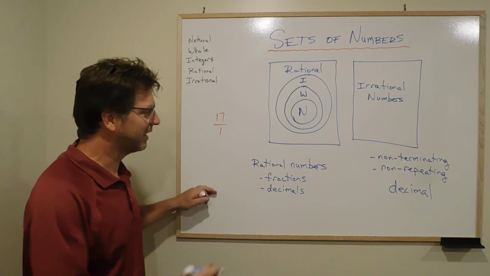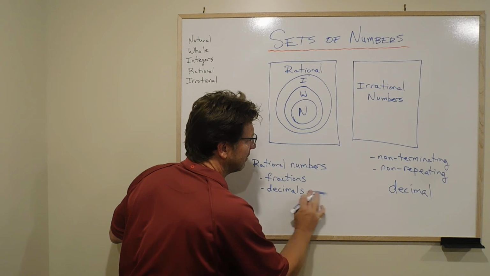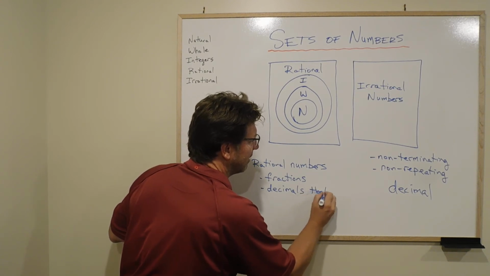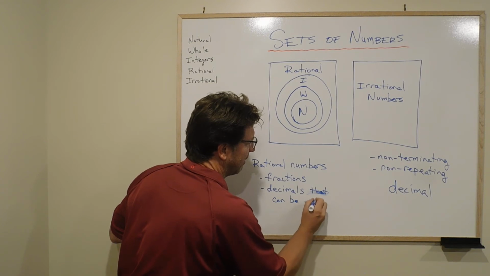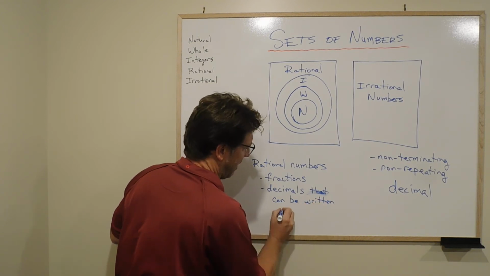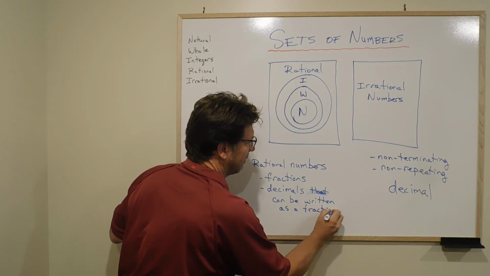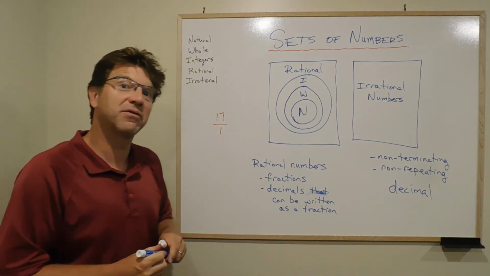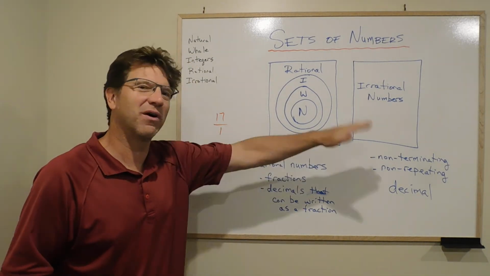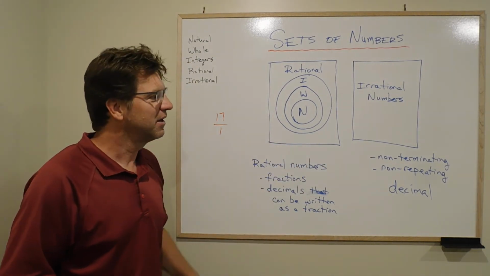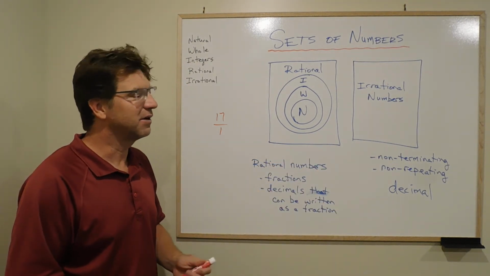Only the ones that can be written as a fraction. Okay. So there are decimals that cannot. Decimals that are non-terminating, which means they go on forever, they do not end, and are also non-repeating, so they don't have a pattern, are irrational.